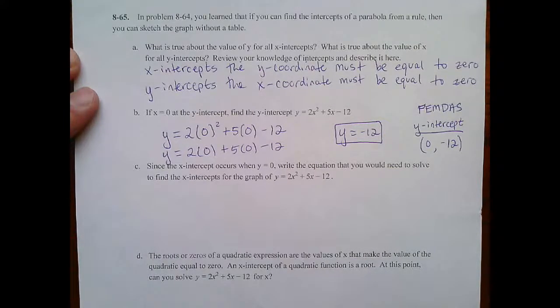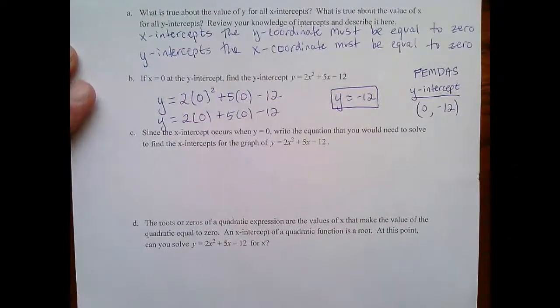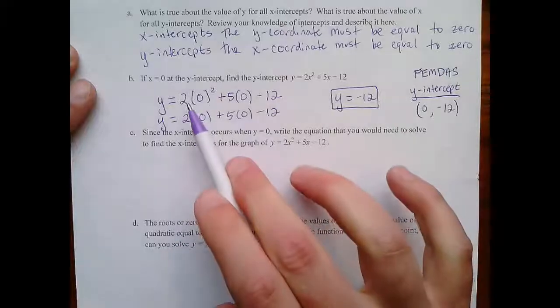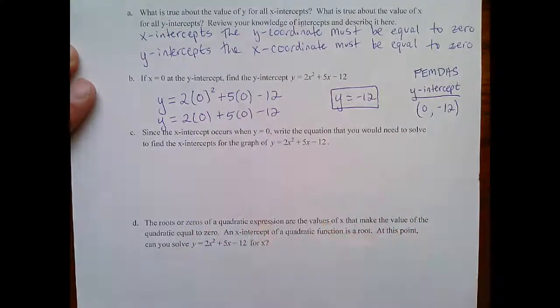All right. Part C: since the x-intercept occurs when y = 0, write the equation that you would need to solve to find the x-intercepts for the graph of y = 2x² + 5x - 12. Okay, so in the last one, we saw x was equal to 0, so we plugged in 0 for all the x's. Now, in part C, they're telling us that y is equal to 0.